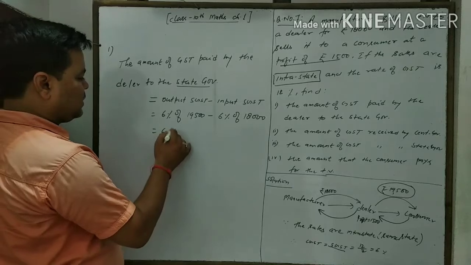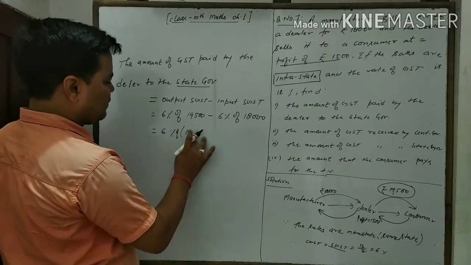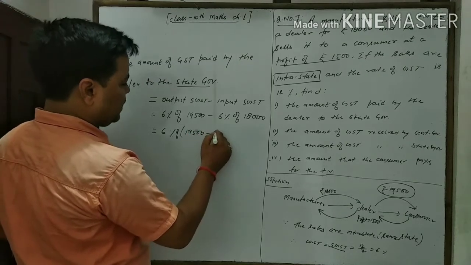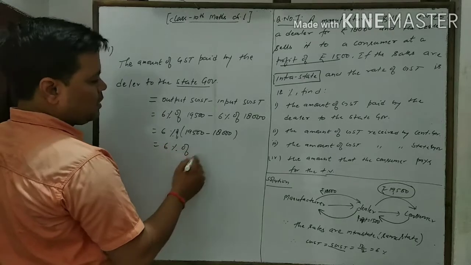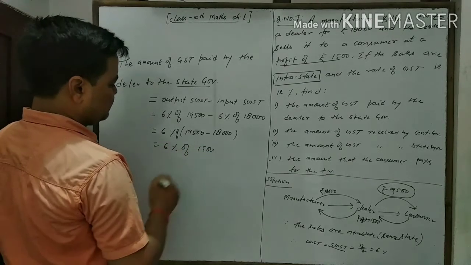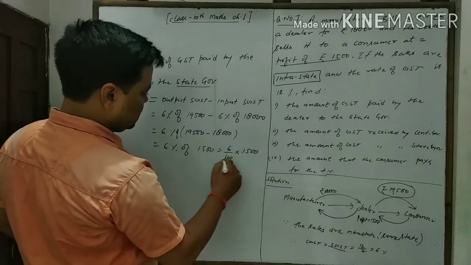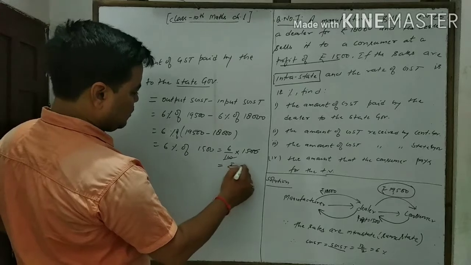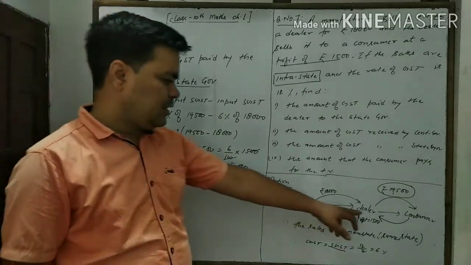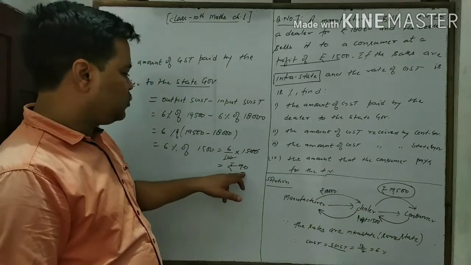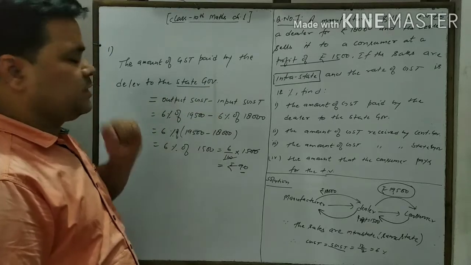After calculation, that is 6% of 1,500, which is 6 by 100 into 1500, and its value is rupees 90. It means the dealer pays exactly 90 rupees to the state government as GST.